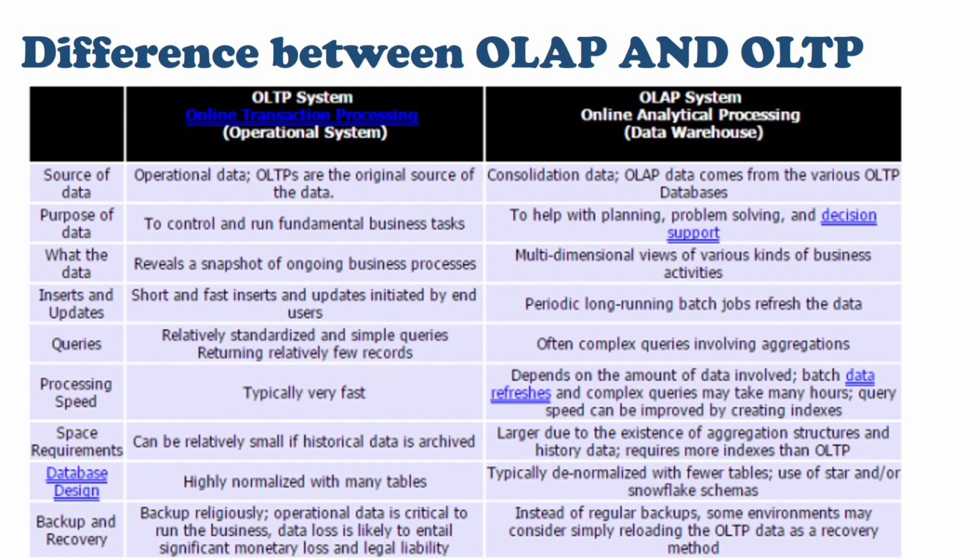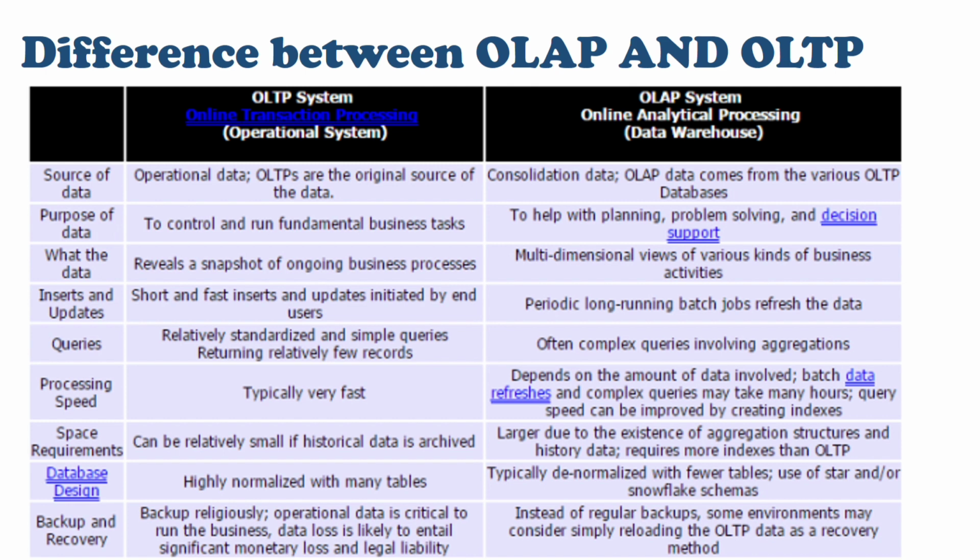For inserts and updates, OLTP has short and fast inserts and updates initiated by end users, whereas in OLAP, periodic long-running batch jobs refresh the data. With respect to queries, OLTP has relatively standard and simple queries returning relatively few records, whereas OLAP has often complex queries involving aggregations.